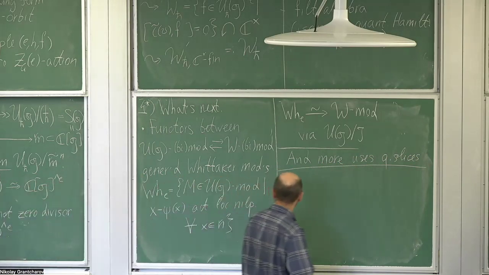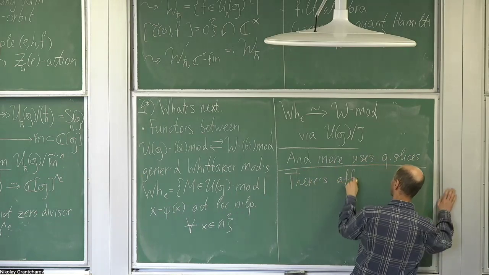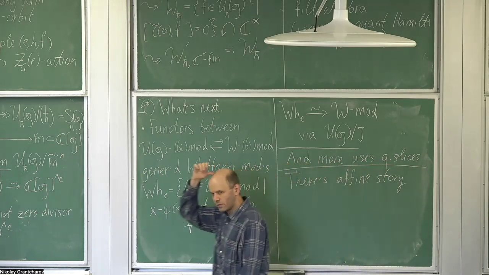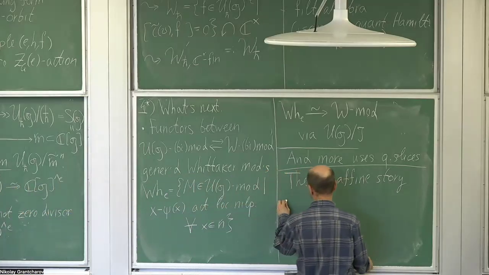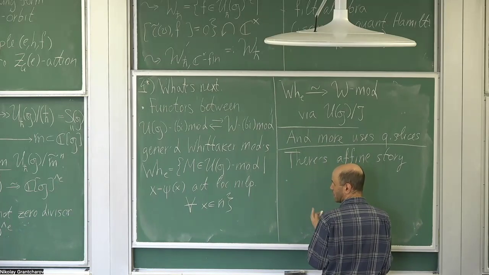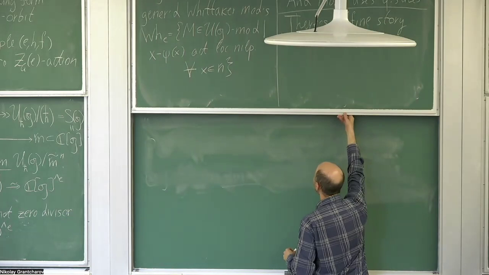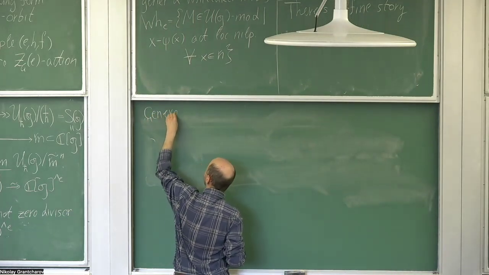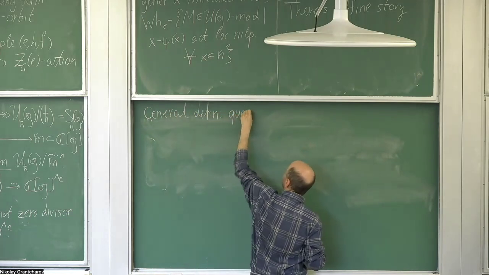Another remark is that there is an affine story, that this seminar is about. So the traditional general definition of affine W algebra is some kind of quantum Hamiltonian reduction.